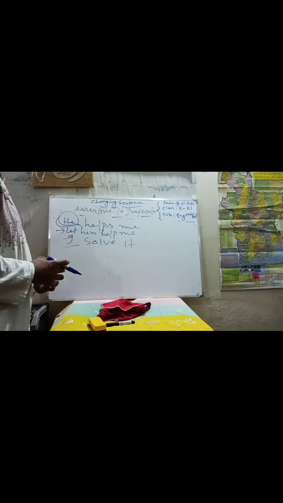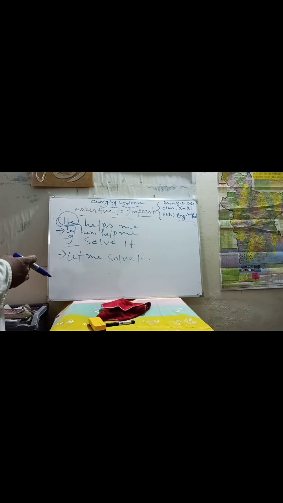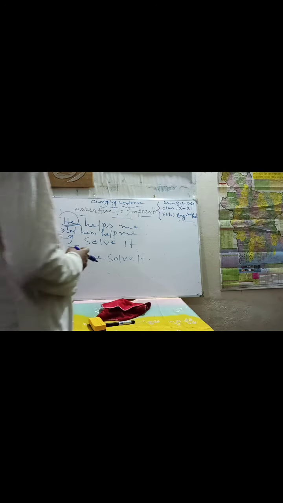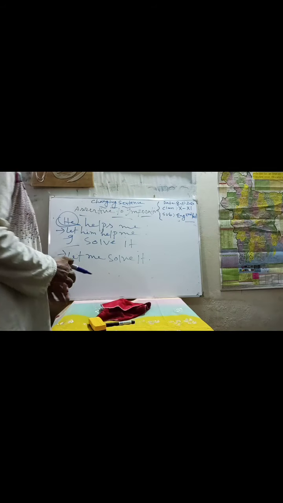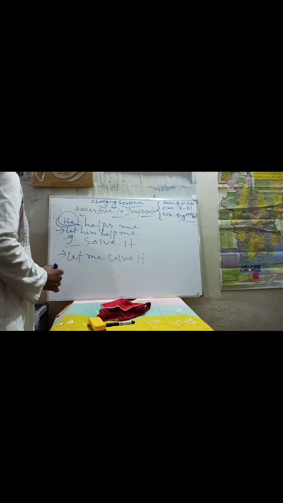So another example, let me solve it. Instead of he, we use him, because after let we use the objective form in an imperative sentence. And in the second sentence, we also use me instead of I, because we use the objective form of the subject in an imperative sentence, and we always use the base form of the principal verb in an imperative sentence. I solve it, let me solve it. He helps me, let him help me.